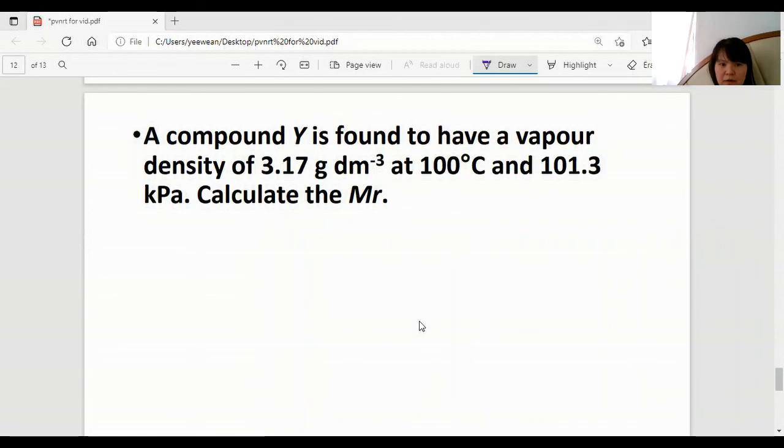Next example, this time they gave us density. Density would include the mass and the volume here. I'm going to use that same thing again. MR equals MRT over PV. So this is density. Let's calculate that. 3.17 grams in a dm cube. So in a meter cube, it will be more.